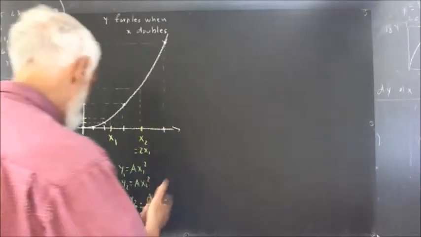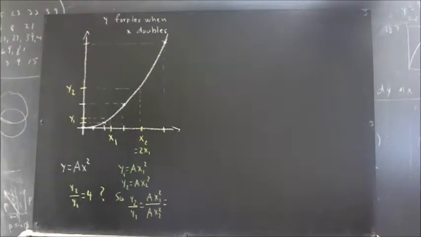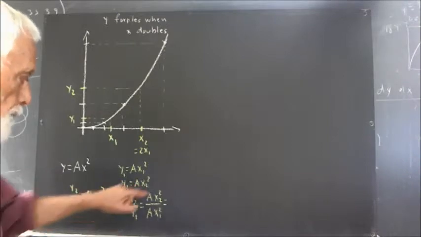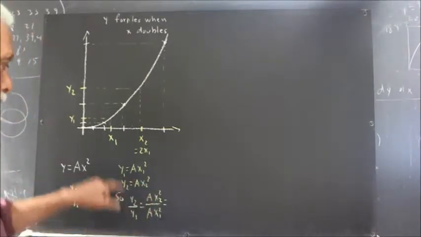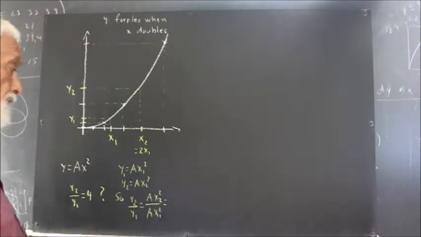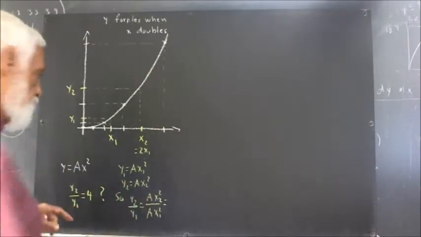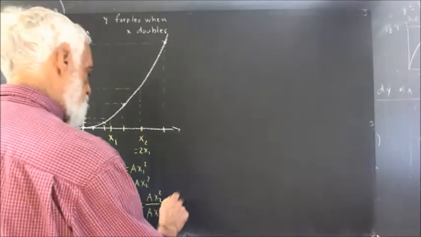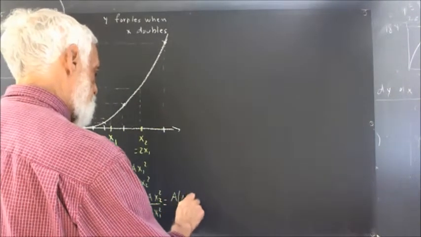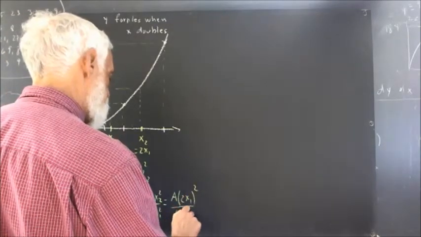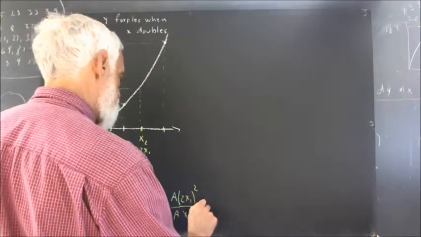I got my subscripts wrong there. Let me fix it. Okay, now it's right because, of course, y2 is a x2 squared. That goes here. y1 is a x1 squared. That goes here. And we divide. Well, let's use the fact that x2 equals 2x1. So that's going to be a times 2x1 squared divided by a x1 squared.